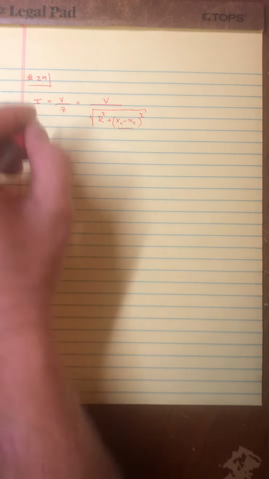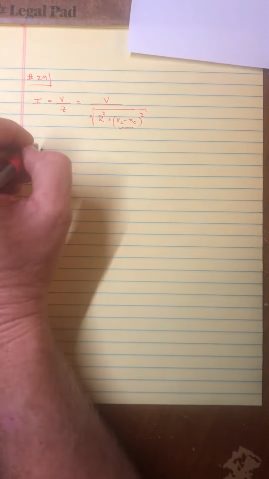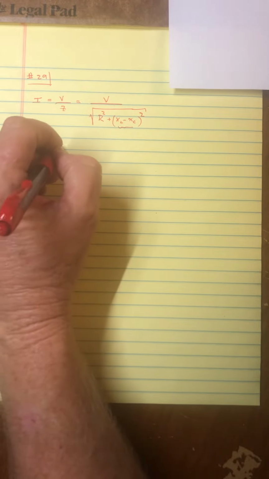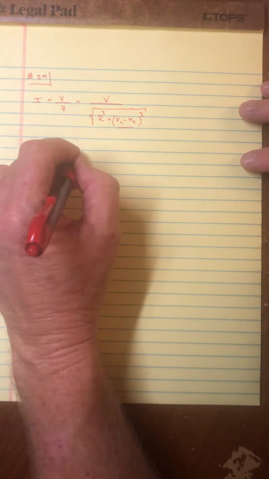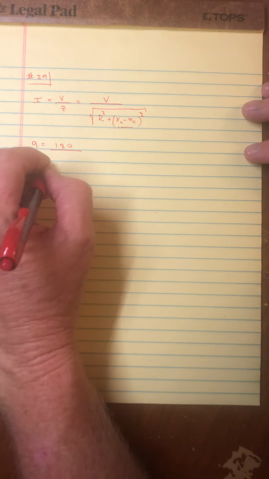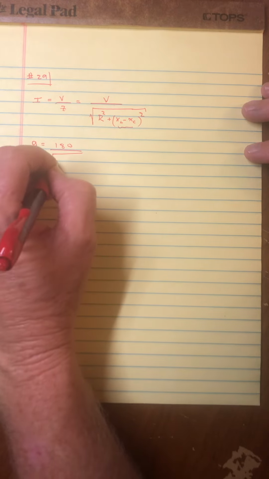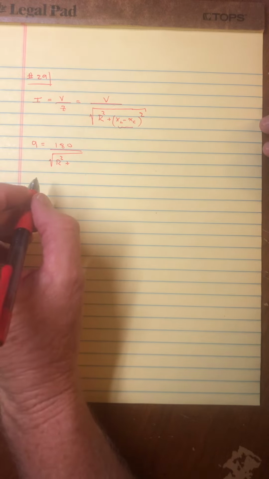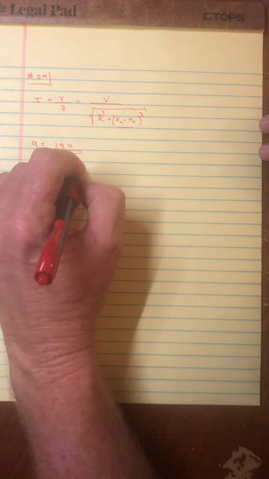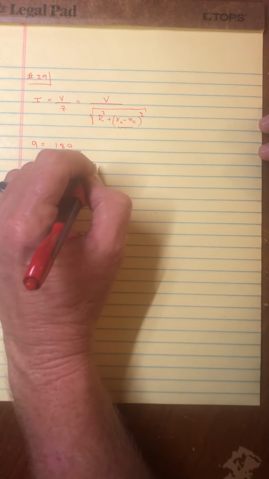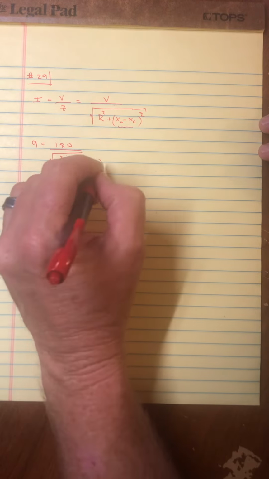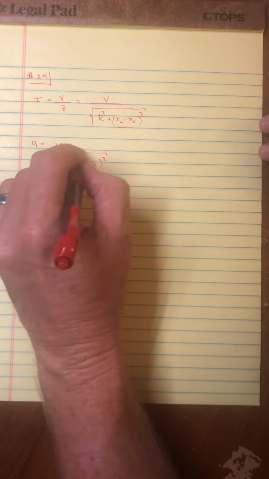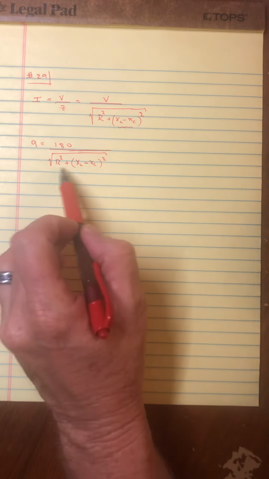Since they give me these numbers, like the current RMS is 9 amps right here, and they give me the voltage of 180, then this is the square root of R squared plus, and again, I'm tempted to maybe write this as one variable, because when it's written like this, it almost looks like there's 3 variables here.